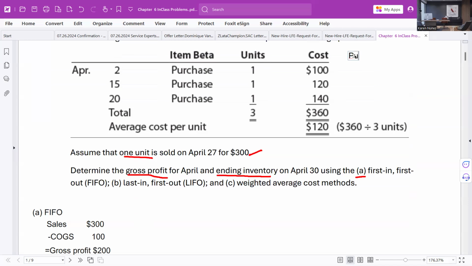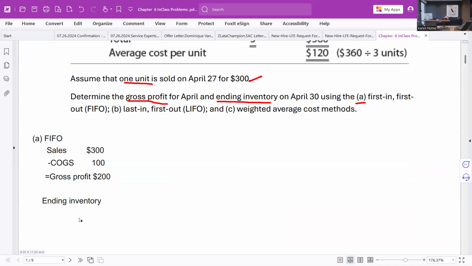We purchased 3 units and we sold 1 unit. Therefore, the ending inventory equals 2 units.